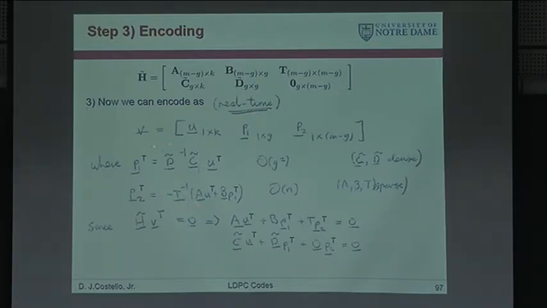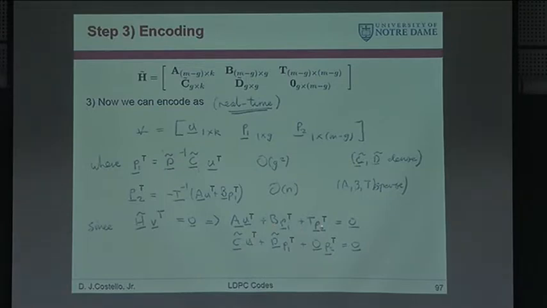So P1 is equal to D tilde inverse times C tilde times U. That would give us the P1 transpose. These are not sparse, so the complexity would be quadratic. But if g is small, and we tried to make it as small as we can, then this isn't too bad.